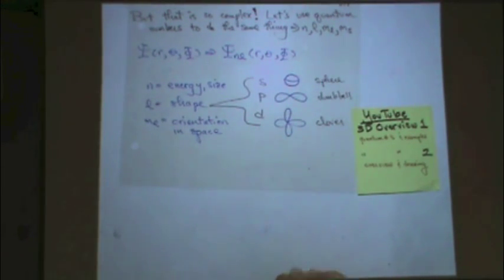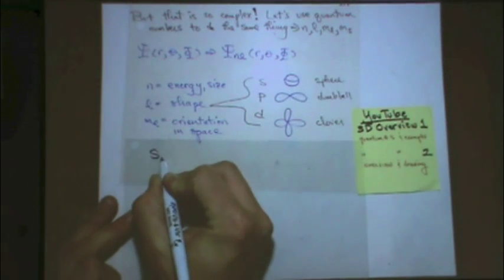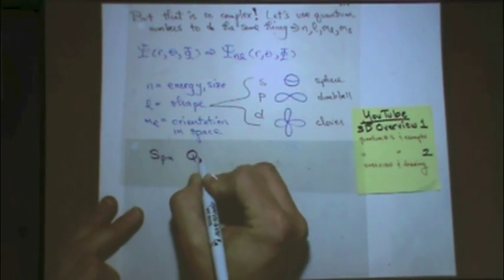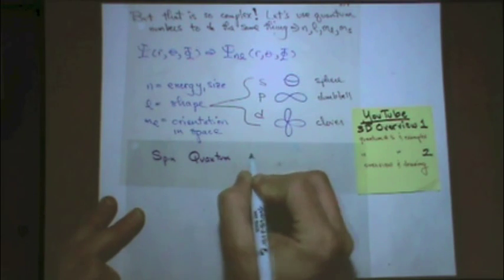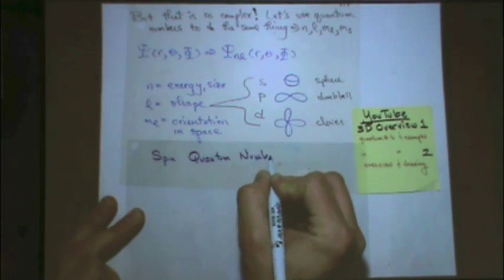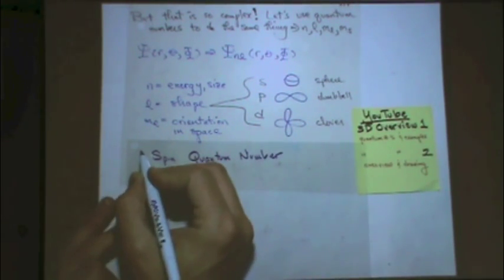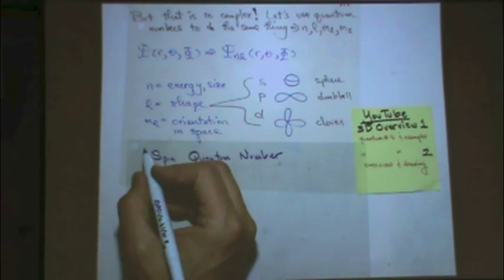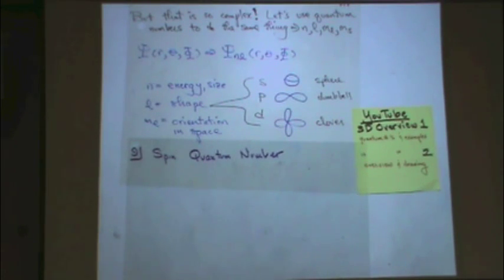The last, or fourth, of 4 quantum numbers we're going to learn is called the spin quantum number. In the reader, that's section 9. Spin quantum number. It's symbolized by m sub s.